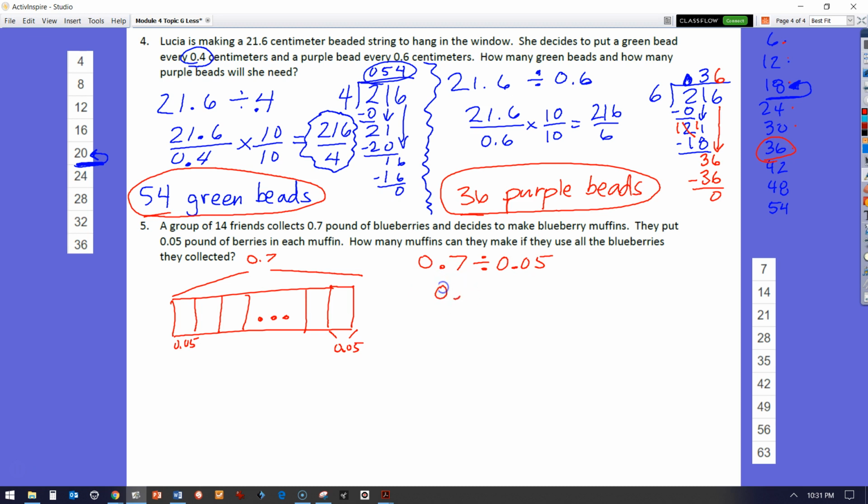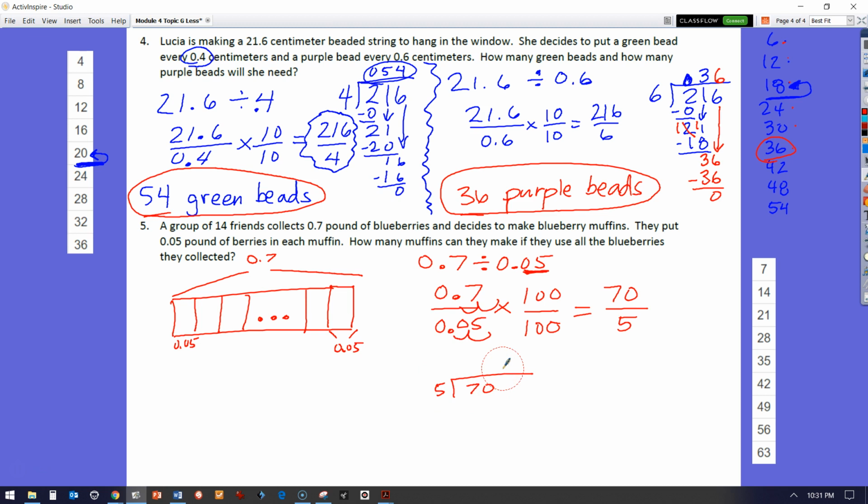We know that's going to be 7/10 over 5/100ths, and then we have times 100 over 100. Since it's out to hundredths, times 100 over 100 equals 70 over 5.